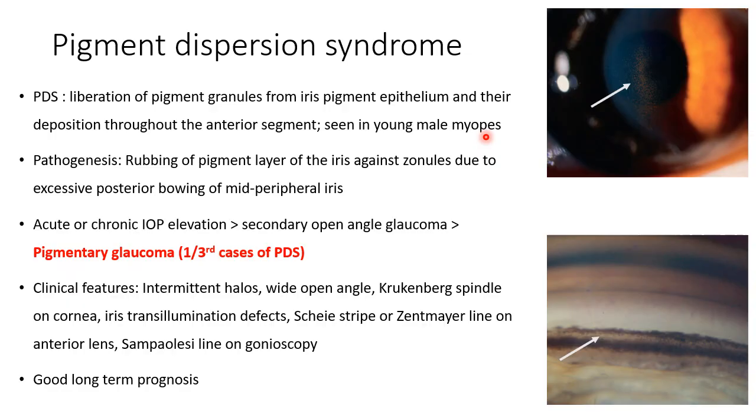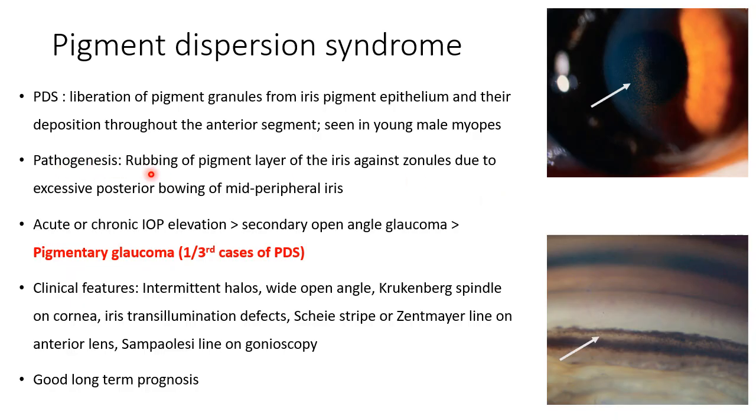In these conditions, there is a peculiarity of the mid-peripheral iris to have a concave shape. When the mid-peripheral iris has a concave shape, it tends to undergo chafing. The posterior epithelium tends to undergo chafing against the lens, against the zonules. Now we know that the posterior epithelium of the iris is pigmented. So when the chafing occurs, these pigments are released.